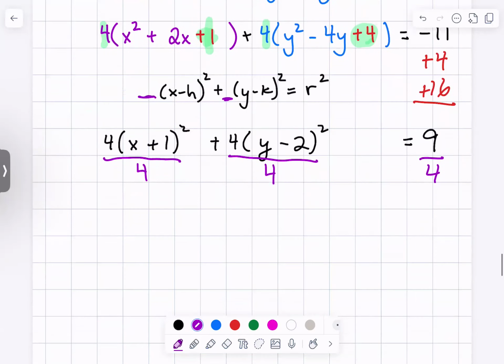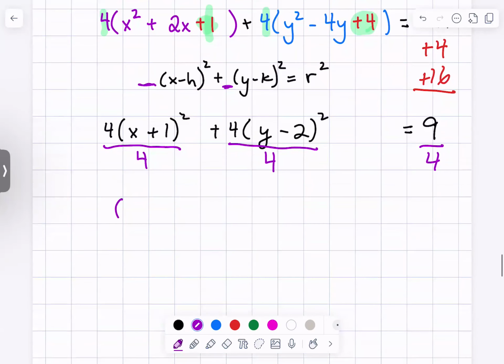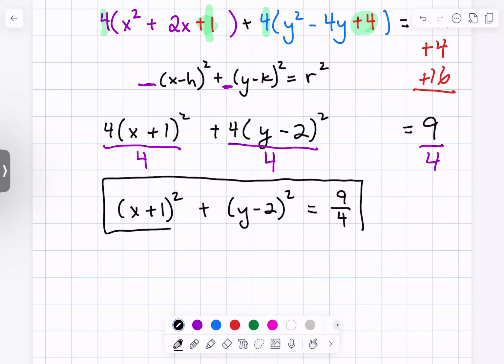If I divide it by 4, I'm going to have x plus 1 quantity squared plus y minus 2 quantity squared equals 9 over 4. So again, I can ask you what my center is.